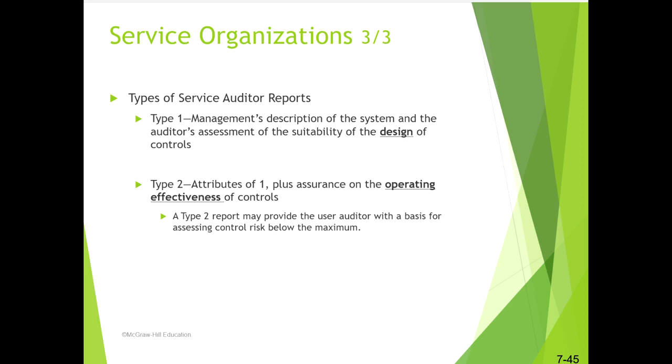One auditor would go in, test the operating effectiveness of those controls, and so between these two, obviously, if your client uses a service provider and they have a type 2 SOC report, then that's a lot more comfort, right? That it's not just the design that's working, but it's also the operating effectiveness. And if that's the case, then you could assess control risk for the assertions that are related to payroll at below the maximum, right? Because you have some comfort that the internal controls are working well.